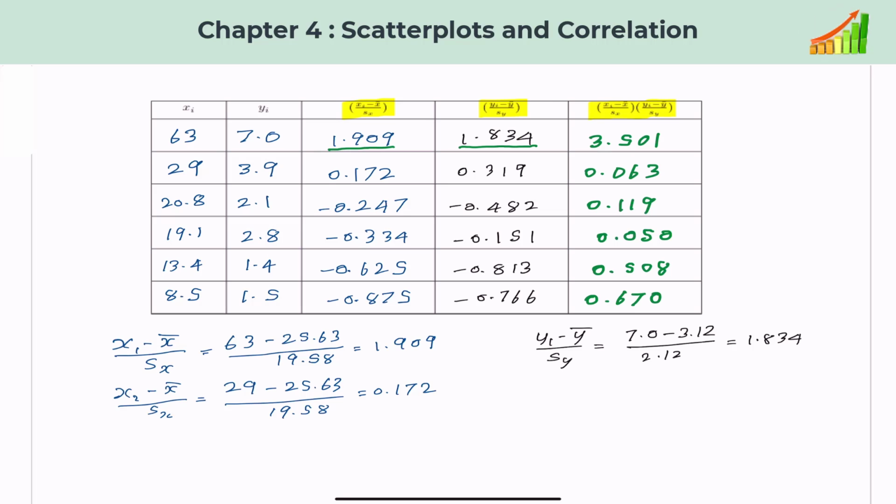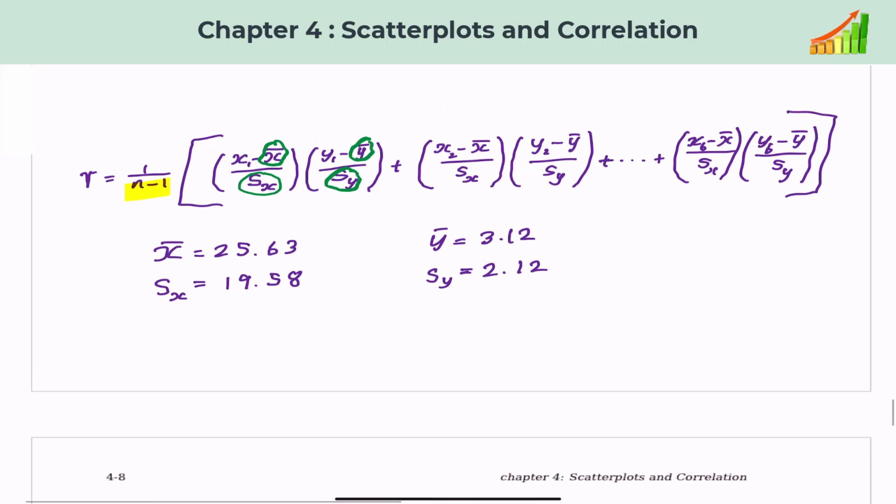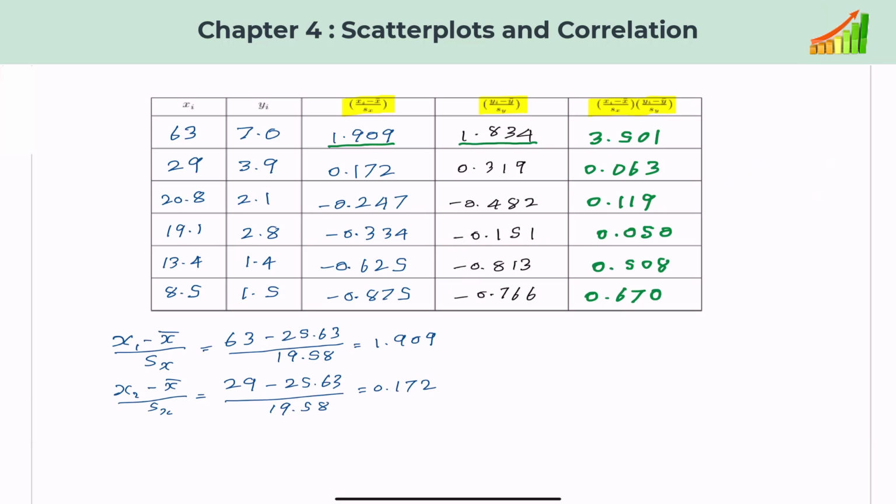What is the next step? Next, we need to get the summation of these numbers. Once we have the multiplication of each term, then we need the summation. What is the summation of the last column? The summation is 4.911.